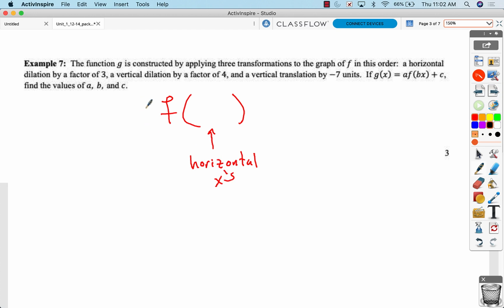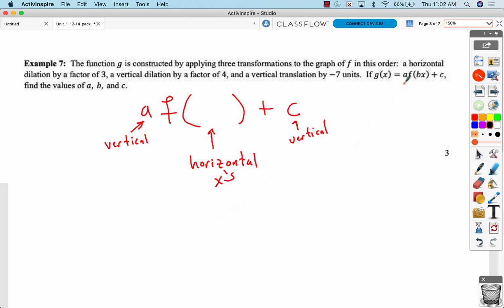Anything here, or anything here, these are vertical. With a little practice, this stuff's pretty straightforward.